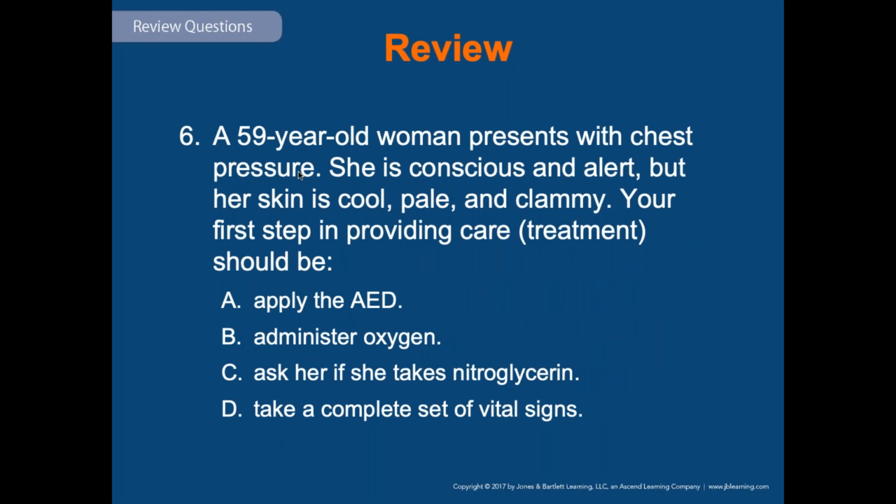Number 6, a 59-year-old woman presents with chest pressure. She is conscious and alert, but her skin is cool, pale, and clammy. Your first step in providing care should be what? The patient is conscious and alert.